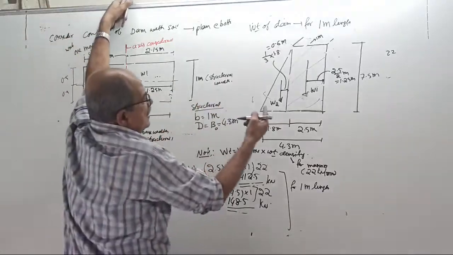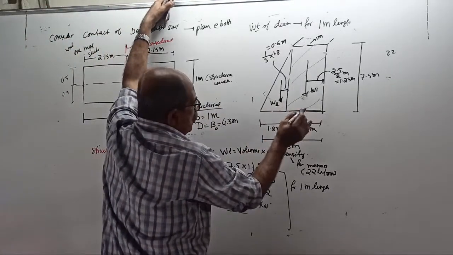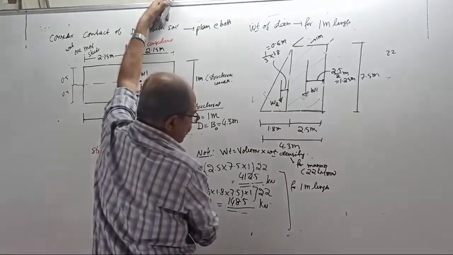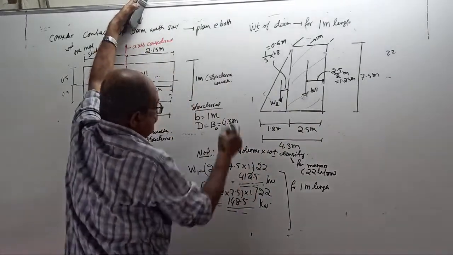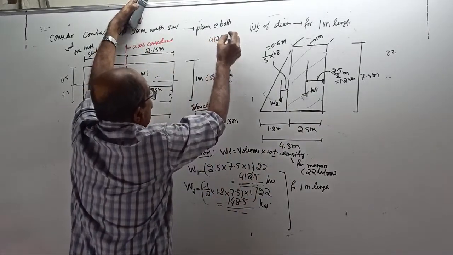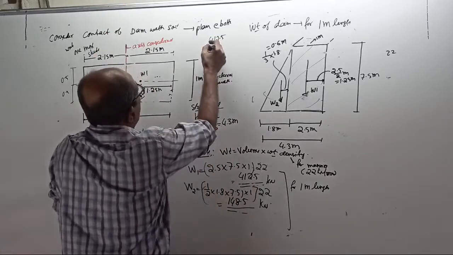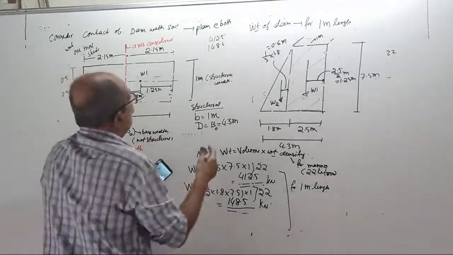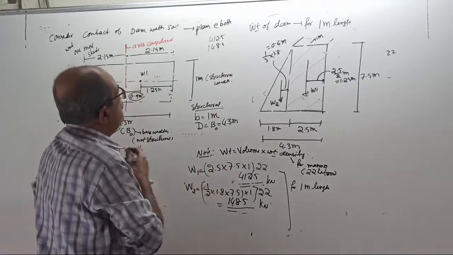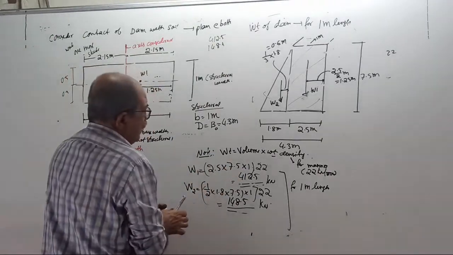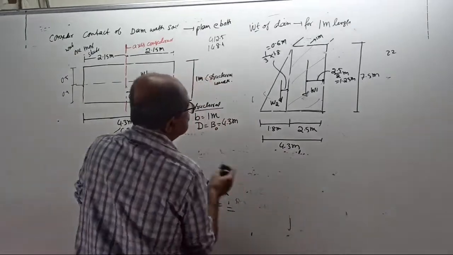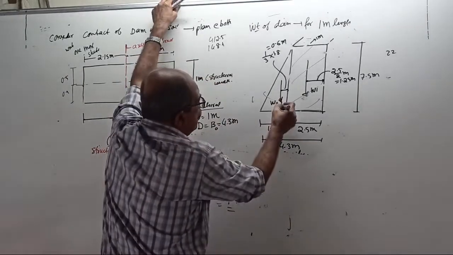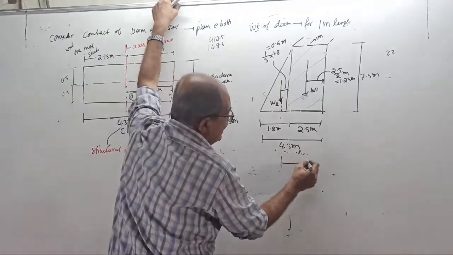For W2, values I'll put later. W1 is 412.5. W2 is 148.5. So those values came. Now I will remove those two, I require the space. Make one more note there.